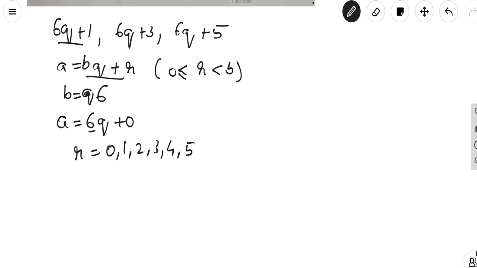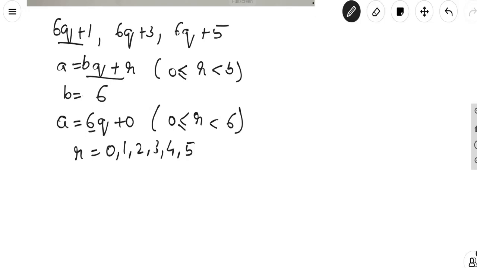I cannot take 6 because r is less than b, that is, r is less than 6. So I can use from 0 to 5. So this r is greater than or equal to 0 and less than 6. This is the value of r, and the value of b is equal to 6.